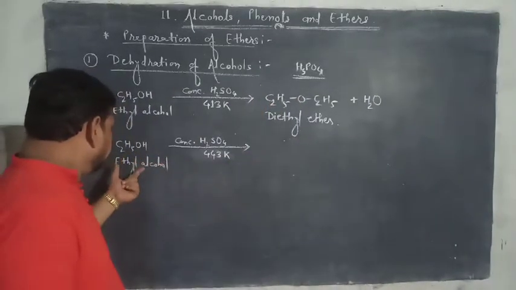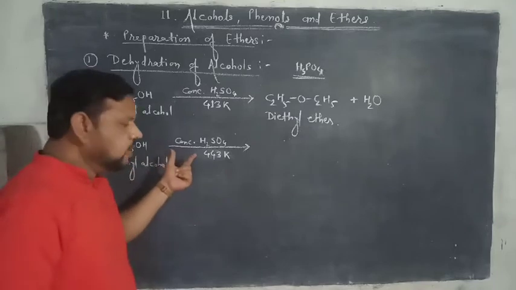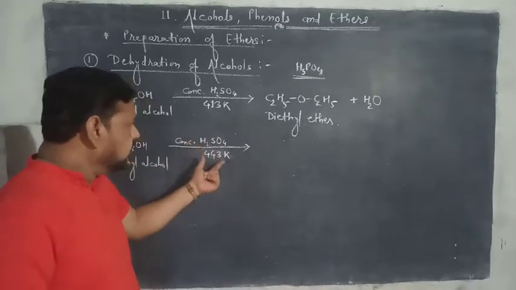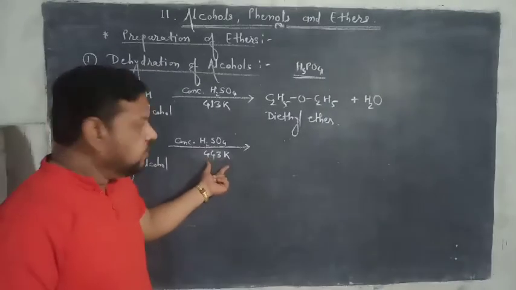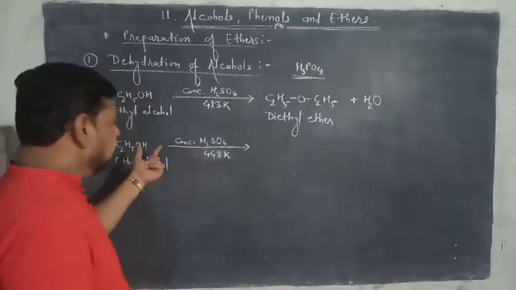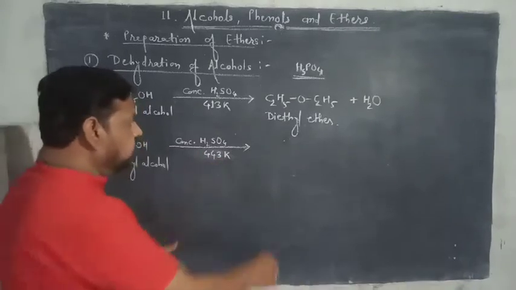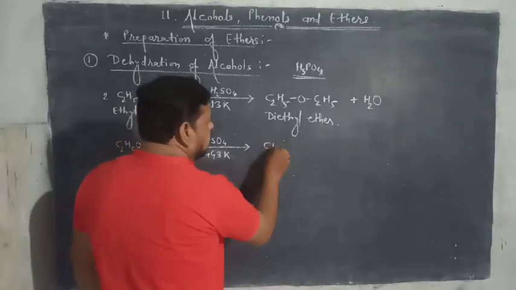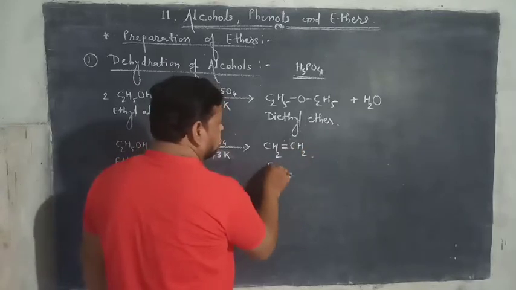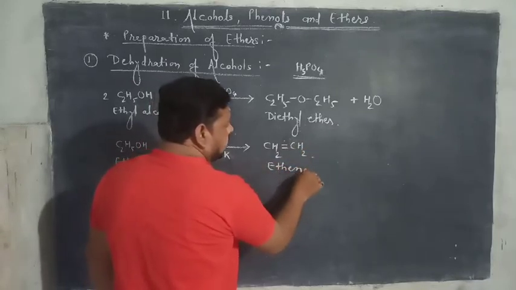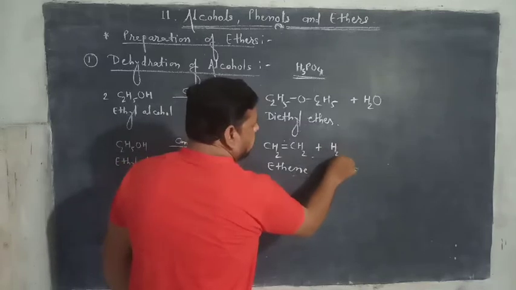Then this ethyl alcohol is heated with concentrated sulfuric acid at 443 Kelvin temperature. Then it gives ethene and water.